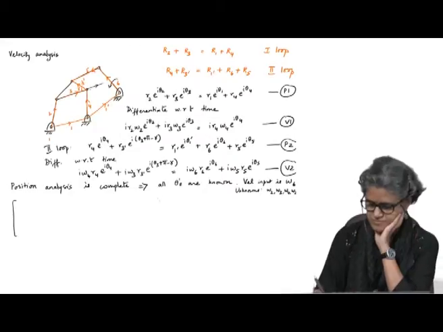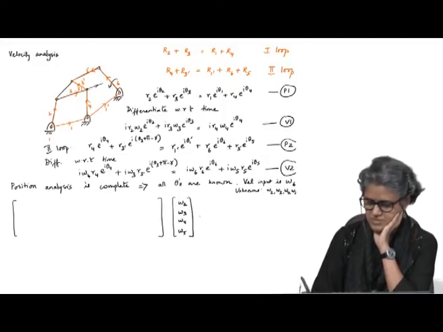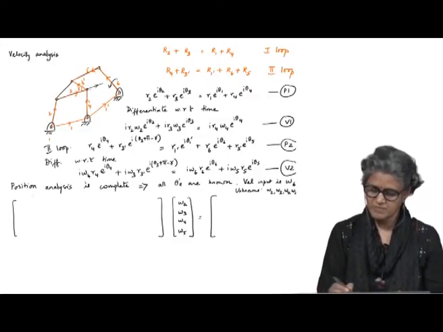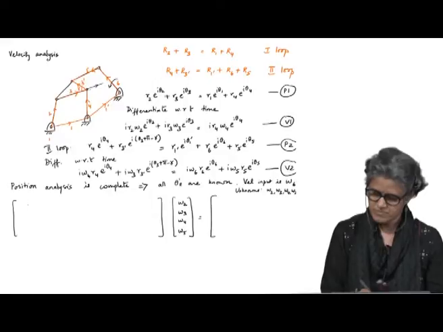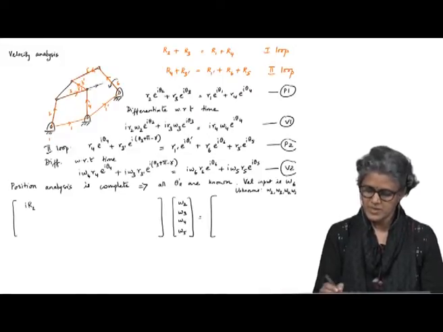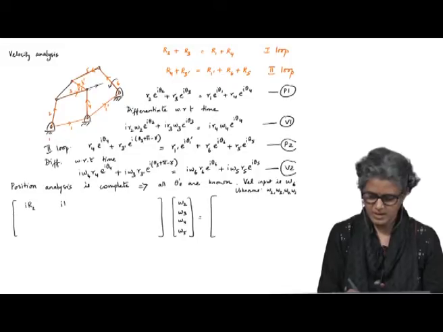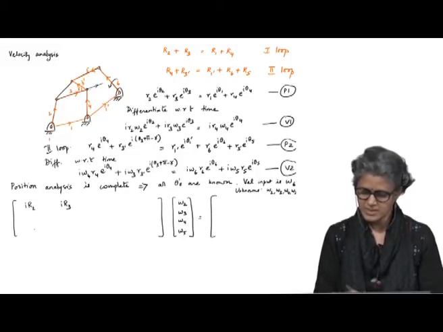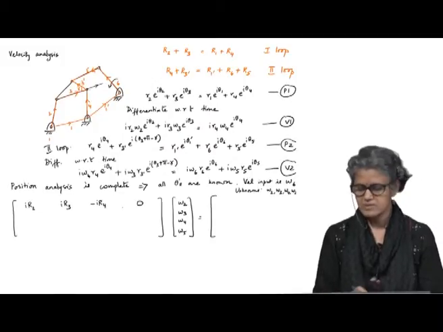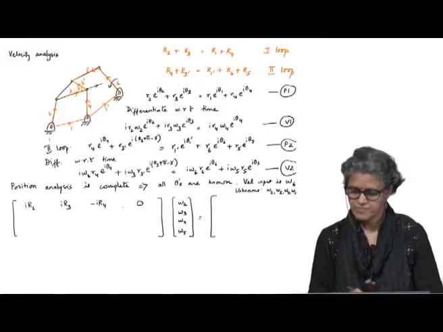I can just set it up. These are my unknowns, this would be the known quantities. So, if I take V1, this is unknown, right. So, I have i R2 multiplied by omega 2, I have i R3 multiplied by omega 3 minus i R4 and a 0, okay, from V1.